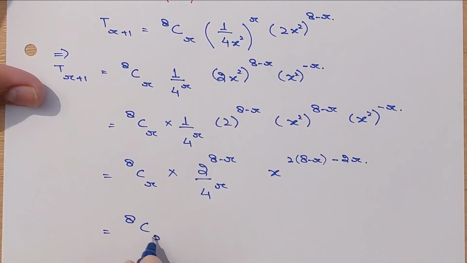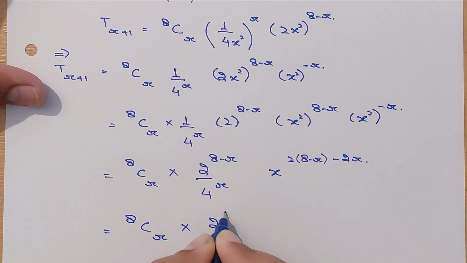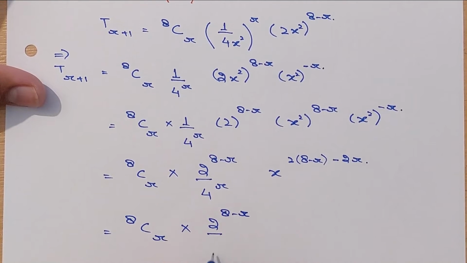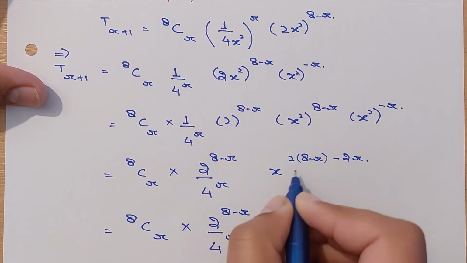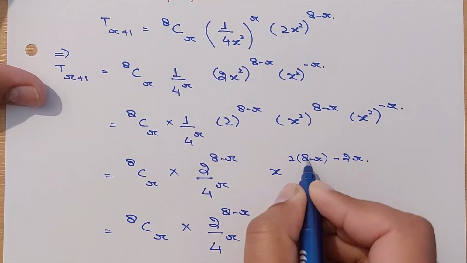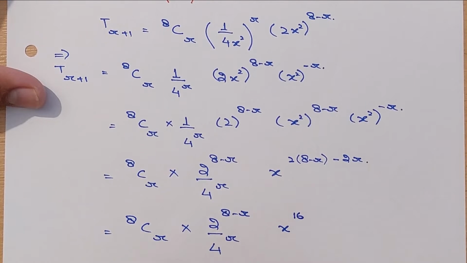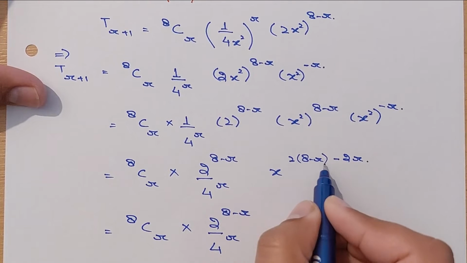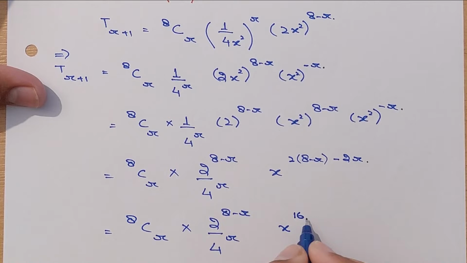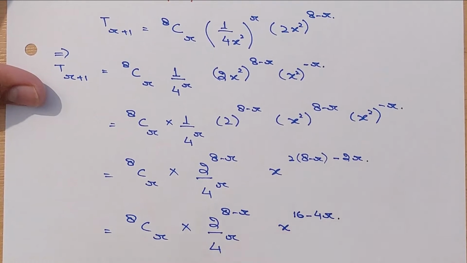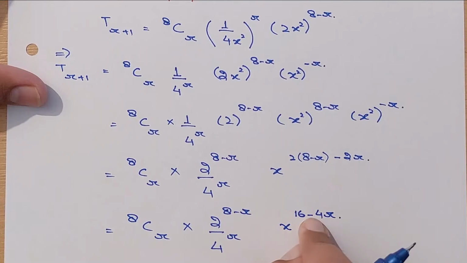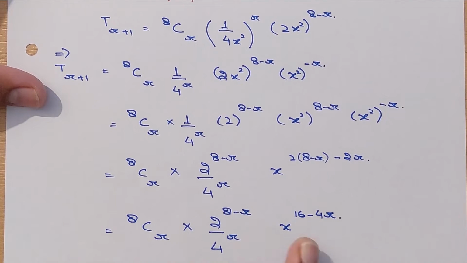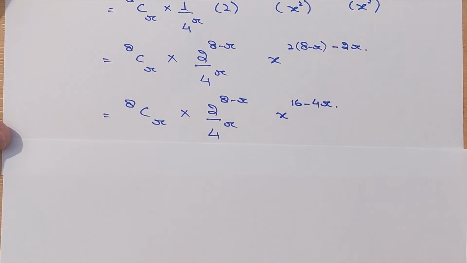So x power is 2 times 8 is 16, and 2 times r minus 2r, minus 2r, minus 4r. So for the constant term, this exponent of x is equal to 0. So let me put this exponent equal to 0.